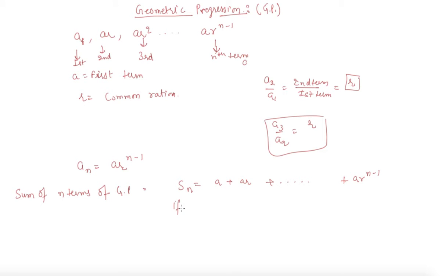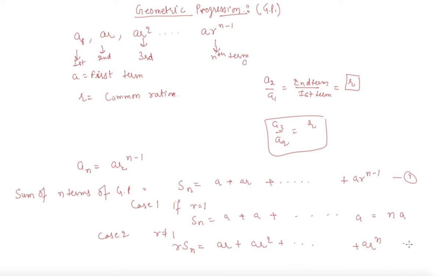If R equals 1, what we get is Sn equals A plus up to A, n times, so it will be n times A. This was case 1, when R equals 1. Now case 2, when R is not equal to 1. Multiplying this by R, we get R Sn equals AR plus AR square up to all the terms, and the last term will be AR to power n.